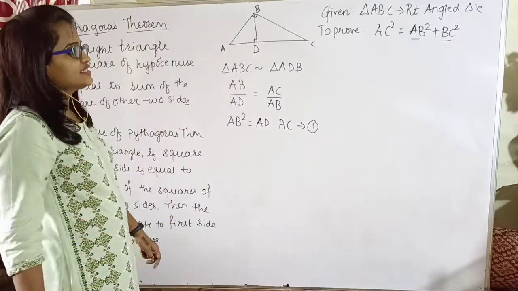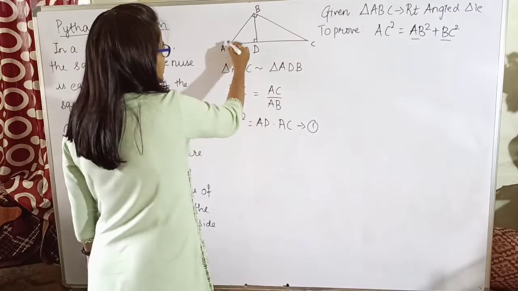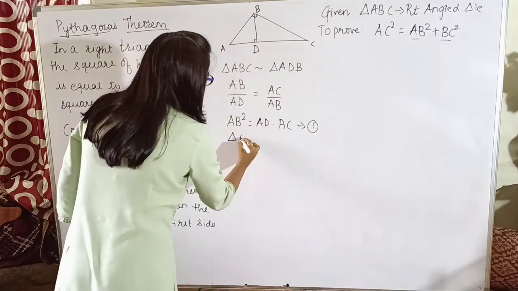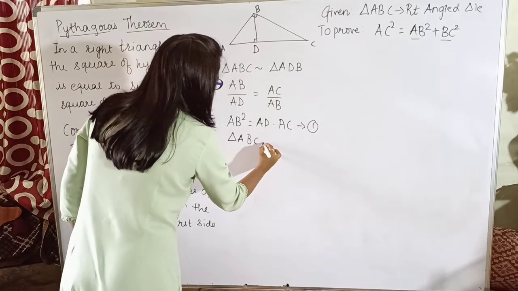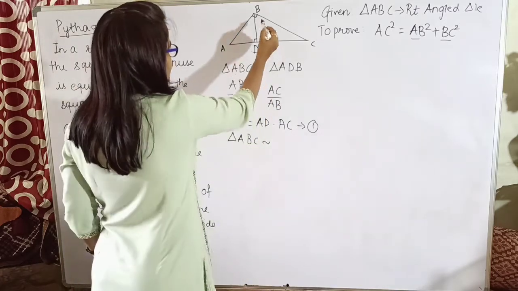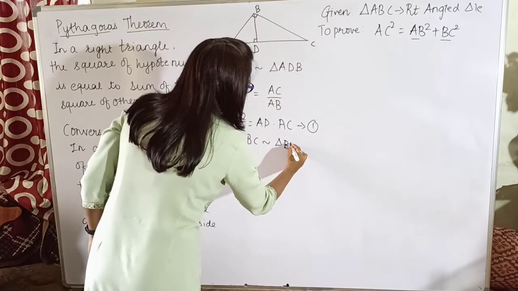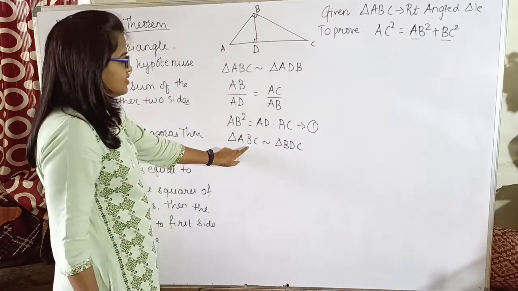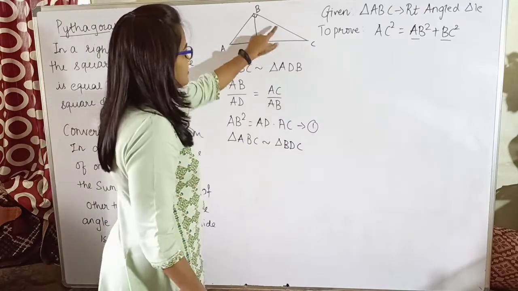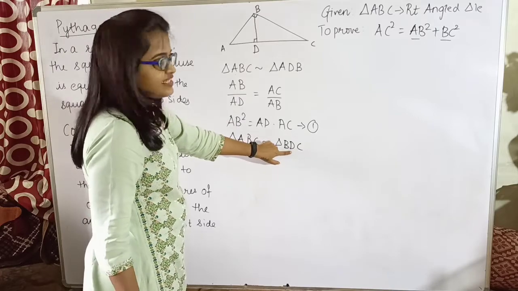Similarly, in the second case, I want BC. So for that, which two triangles will I be considering? ABC, the outer triangle, will remain as it is. Now, ABC is similar to which triangle? BDC. Why are they similar? See, angle C is the common angle, whereas angle B and angle D are also equal.